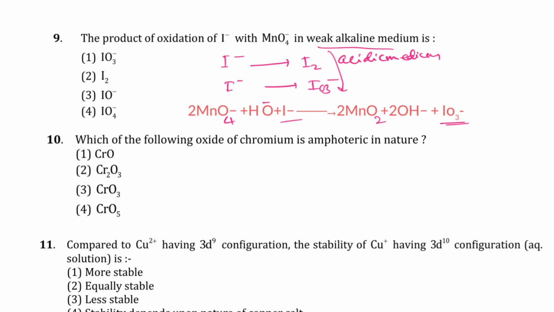Keep in mind, this question is asked many times in competitive exams. In faintly basic medium or weak alkaline medium, iodate will form. In acidic medium, iodine will form.